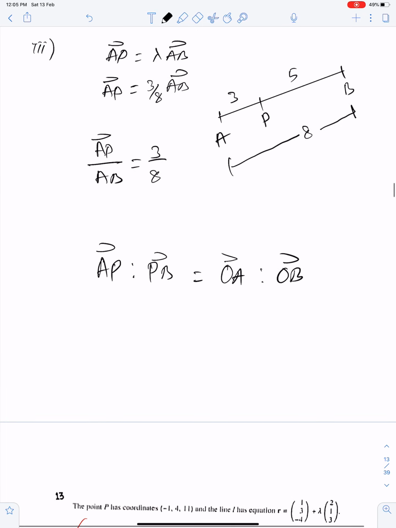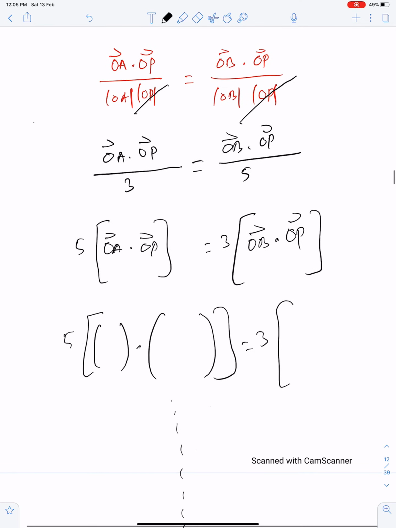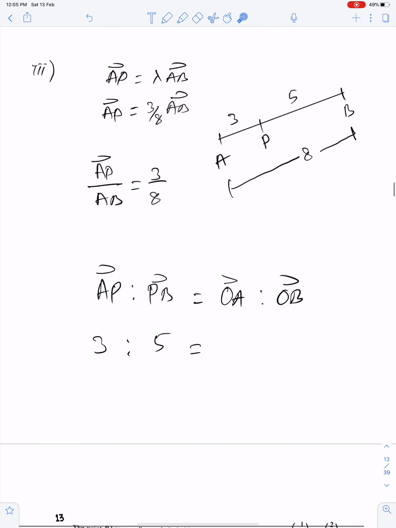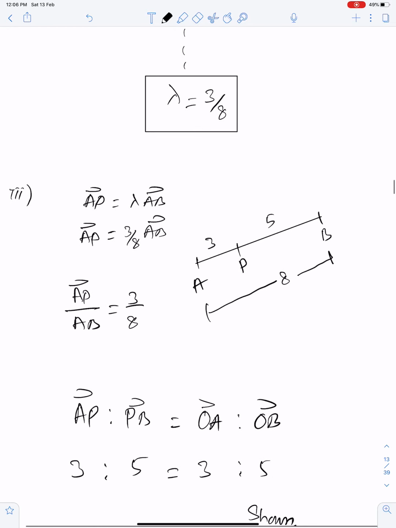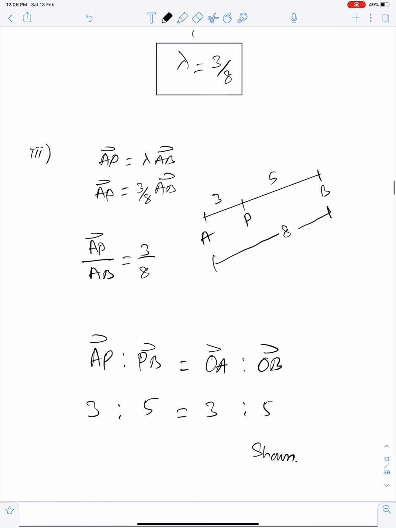So AP is 3, PB is 5. We have the magnitudes of OA and OB. This is the magnitude of OA and this is the magnitude of OB. So this is 3 and this is 5, hence shown. You can check the answer again. The most important thing is to use this relation which was given in part 1.